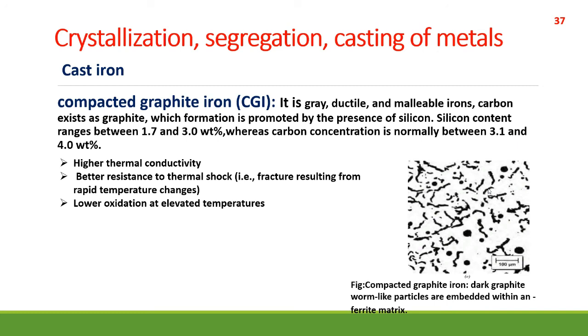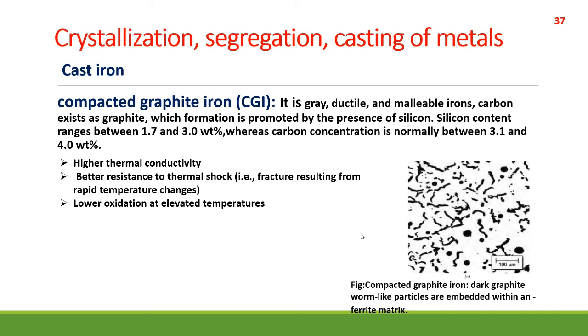In fact, some of the graphites are nodules. See here, some of the graphites are worm-like and some are round, spherical graphite portions. On the other hand, it shows some very nice mechanical properties and is used in a number of important applications.